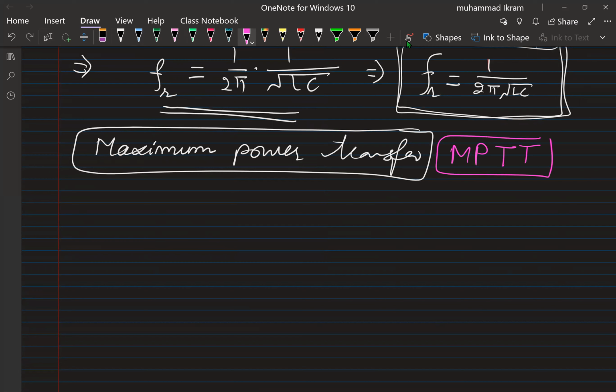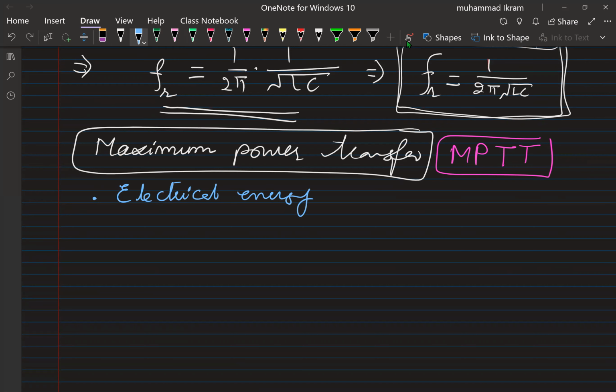Now here for the maximum power transfer theorem, I would like to tell you that the electrical energy from the supply is delivered to the load, where it is converted into useful work done. That is what we want to study here.